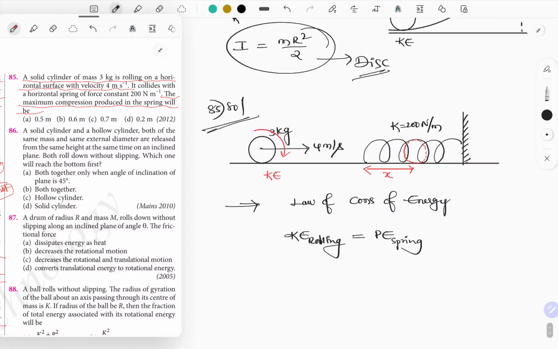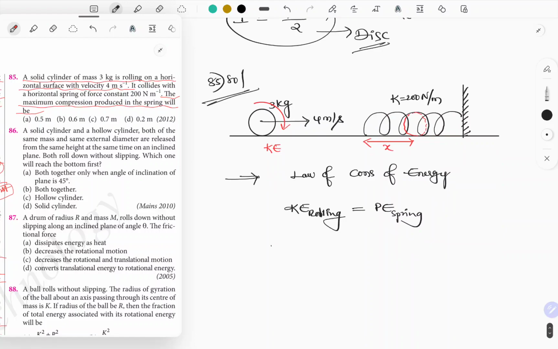What is the kinetic energy of the rolling object? It is 1 by 2 mv square plus 1 by 2 I omega square, which is equal to the potential energy of the spring, 1 by 2 kx square.